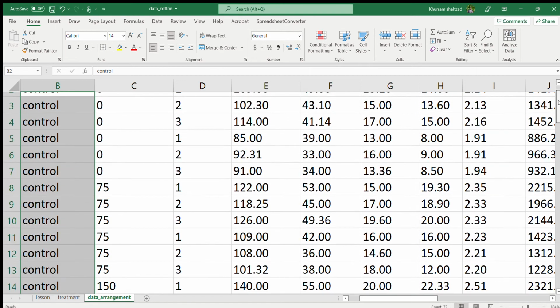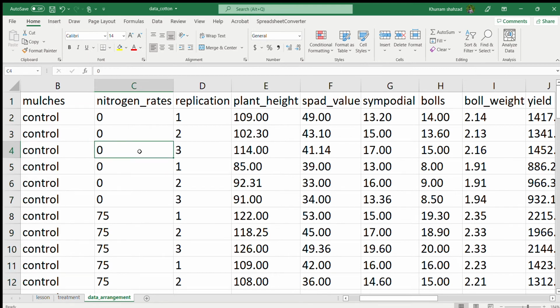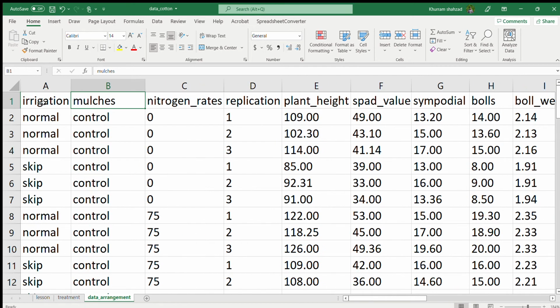Let us see further. In the first column I wrote irrigation, in the second column mulches, and in the third column nitrogen rates. These I have put, and then replication. So these are all your factors, and then your parameters.